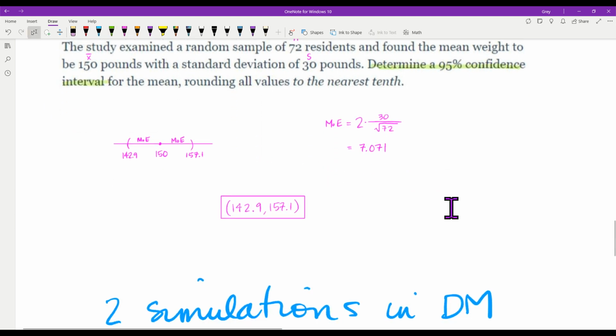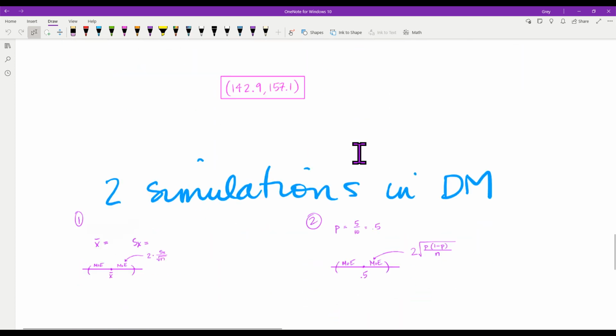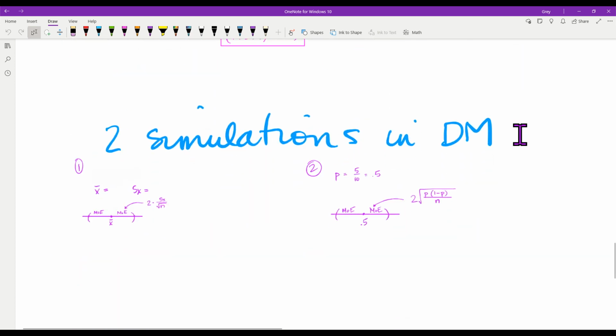The last thing, I didn't want to make this too long, y'all, but the last two types of problems you have are simulations in Delta Math, and you have to just follow the directions, and you're actually picking the numbers out to sample. In the first one you will actually go find the mean because you copy and paste the values into a stat calculator. And then you will use this formula because it's the way it's set up.